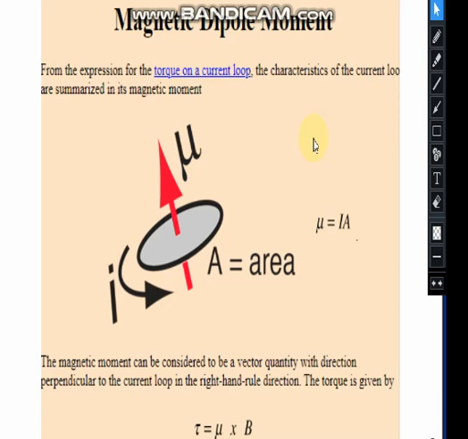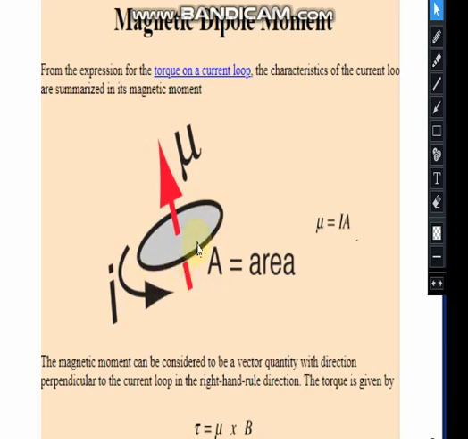Now let's come to the topic of our today's discussion, which is about the magnetic dipole moment. The magnetic dipole moment is a vector which can be thought of as a current loop carrying a current I and having an area A. So the direction of that magnetic dipole moment will again be given by the right hand rule.